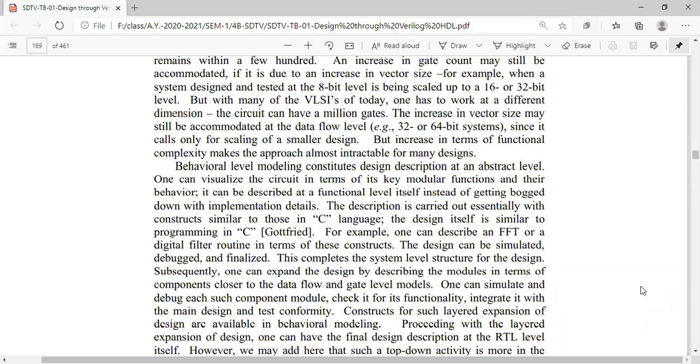If you want to do the total thing in the structural model only from basic gates onwards, then the full ladder has to be designed with the help of half ladders only.